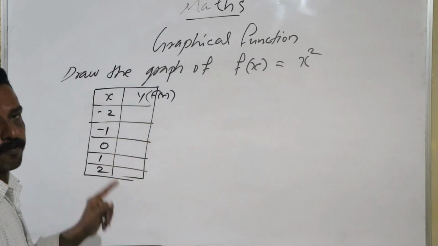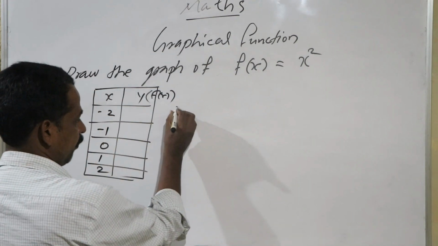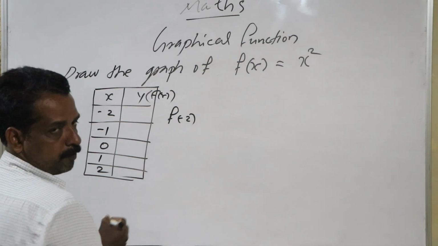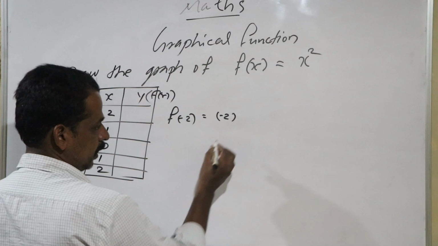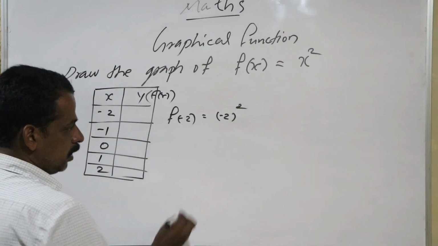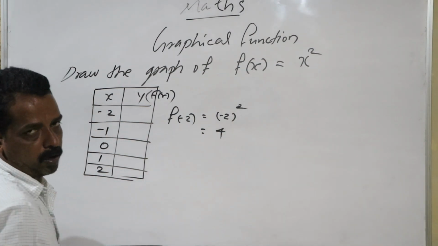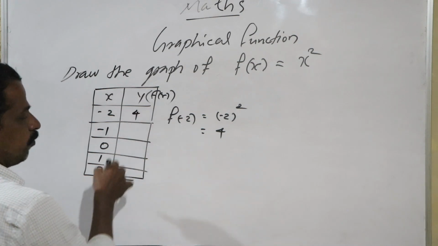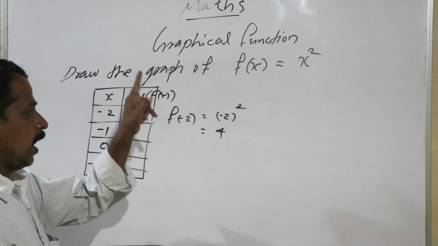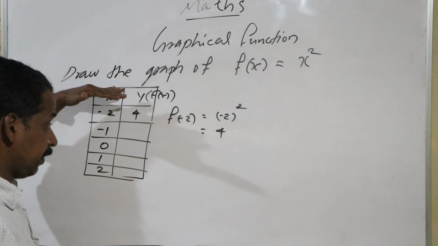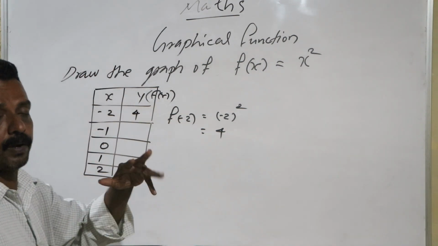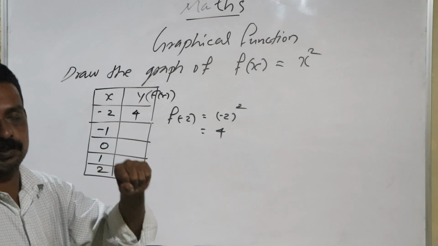At first we must find out f of -2. F of -2 is equal to -2 to the whole square, which is equal to 4. At first we must find out the 5 x values: -2, -1, 0, 1, 2.